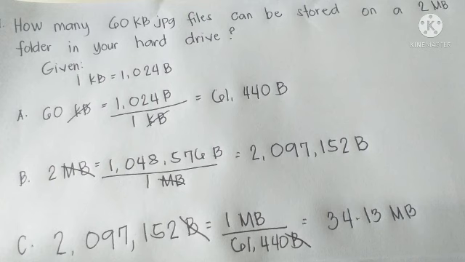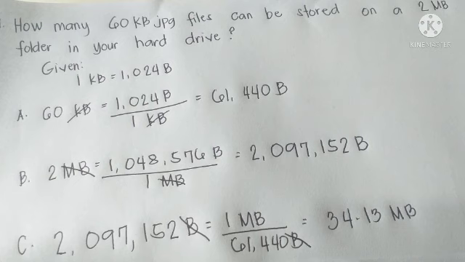Let us put 1 kilobyte over the 1024 bytes so that we cancel the kilobyte. So 60 times 1024 divided by 1 is equal to 61,440 bytes. The unit is byte because we already canceled the kilobyte.